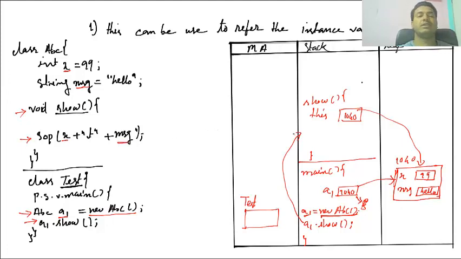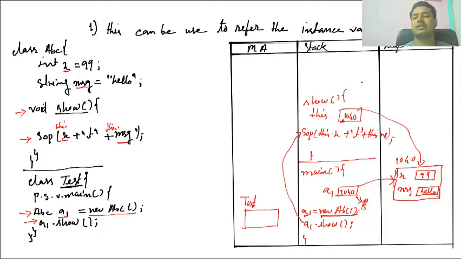But how will it print X and MSG? When you write X and MSG here, actually it is this dot X, by default. And this is also this dot MSG. So it has to print actually this dot X plus one tab space and this dot MSG.